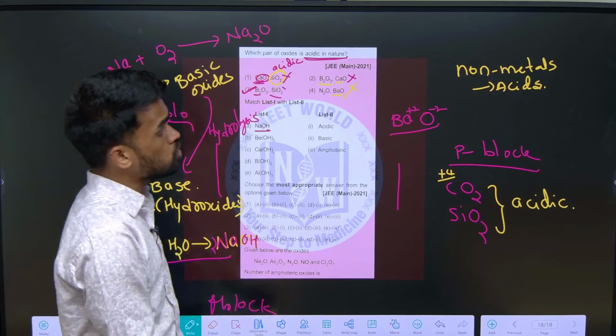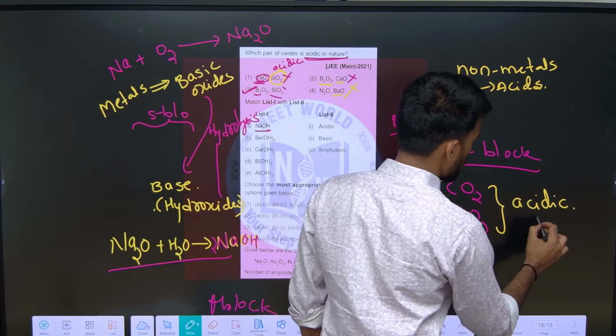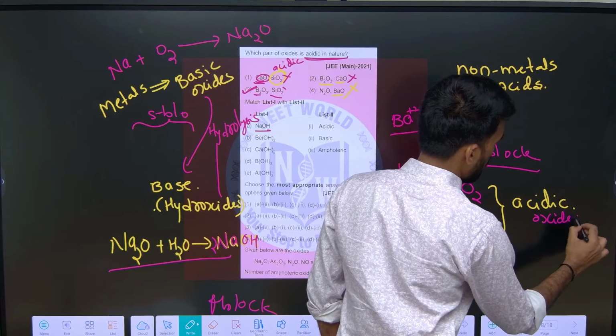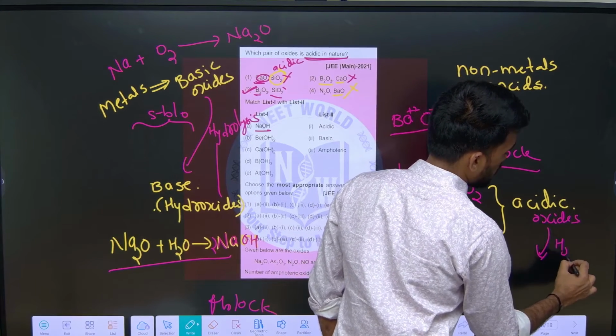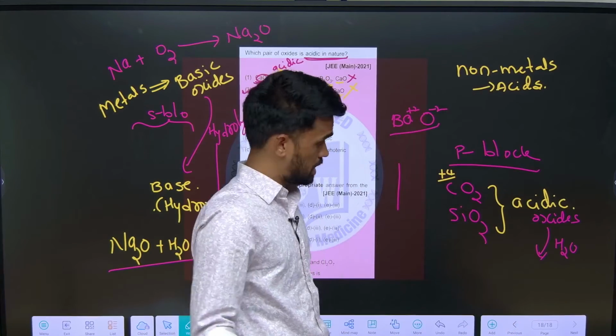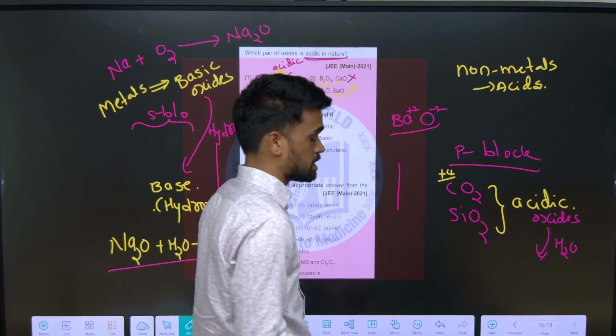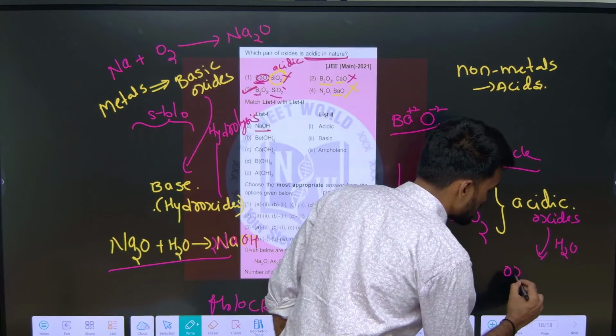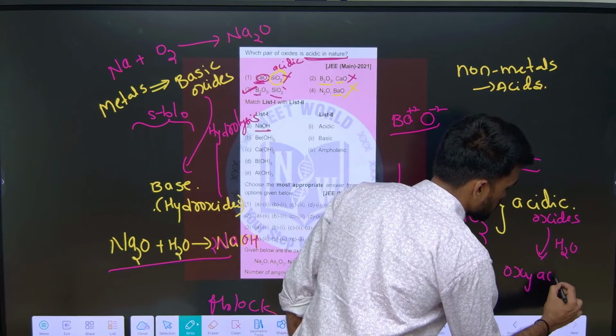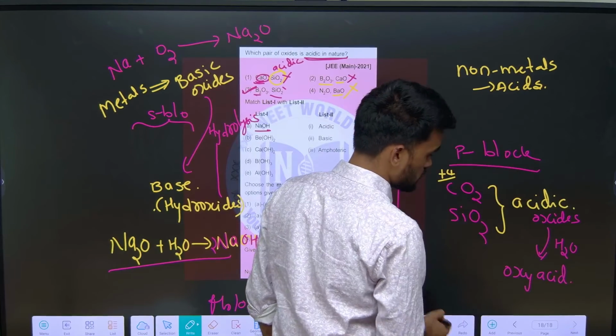When it comes to acidic oxides, upon hydrolysis, if I write H2O, that means the hydrolysis process, they form oxo acids or oxy acids.